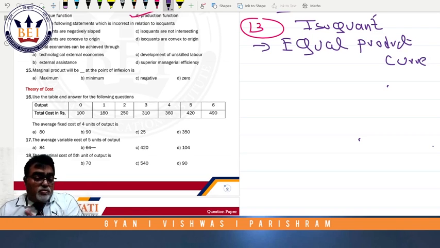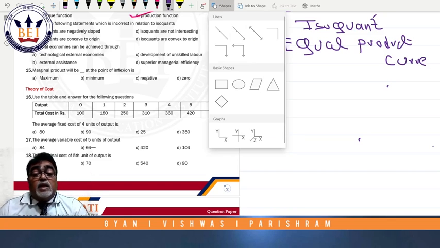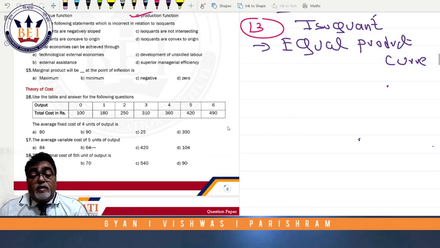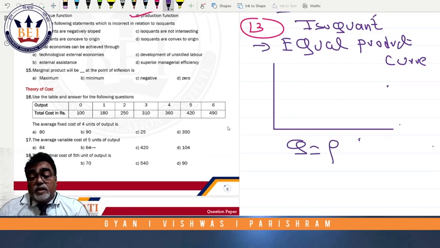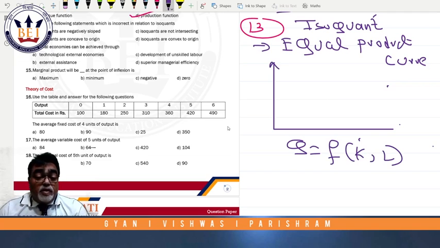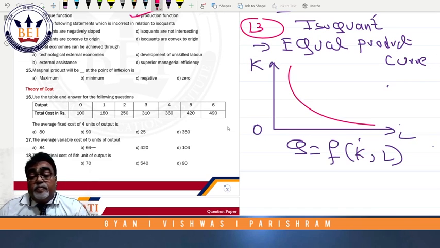Exactly like the indifference curve we have done in consumer behavior. When I'm talking about producer's behavior, this concept comes, that is isoquant. It is based on quantity as a function of capital and labor. If I measure capital here and labor here, the isoquant figure would be this way, IQ.